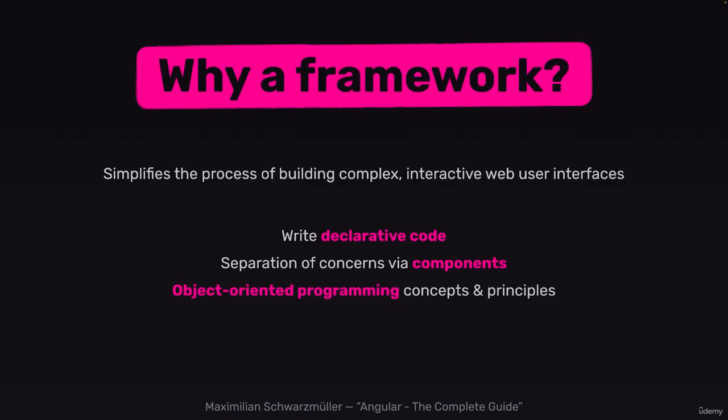And then there's one last thing Angular gives you, which can also help with the development of possibly complex web user interfaces. And that would be TypeScript. Angular uses TypeScript, not vanilla JavaScript.